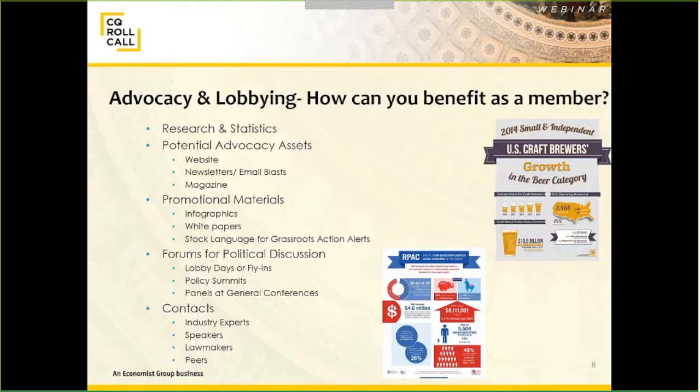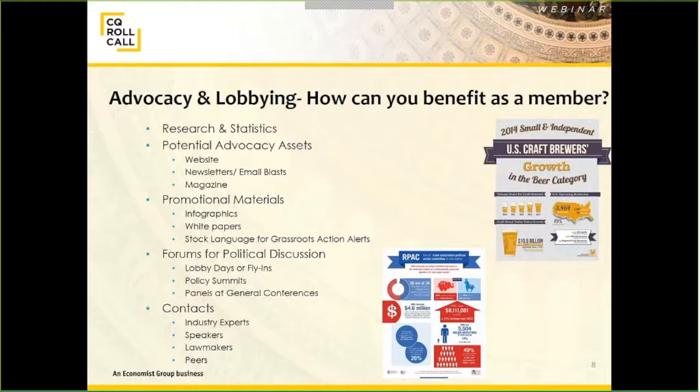We at the Community Bankers have the Independent Banker, which is a monthly magazine that we inform our membership on different things. We actually have a grassroots section in that, which, in our advocacy department, we contribute to.